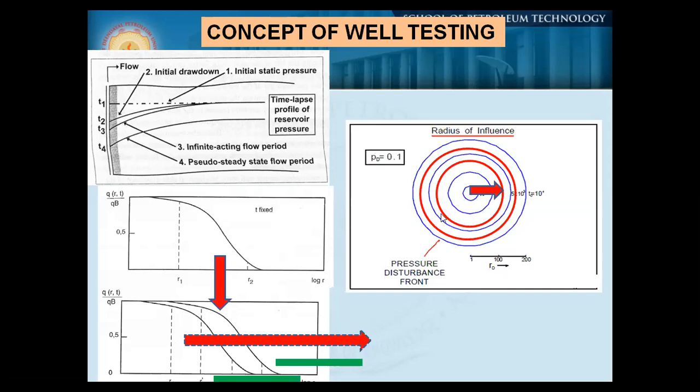Okay, so now we have understood a bit of the mathematics, then we understand the physical nature. So what is actually happening when we are testing a well? The pressure pulses are moving away from it. In which form? Actually in terms of production.